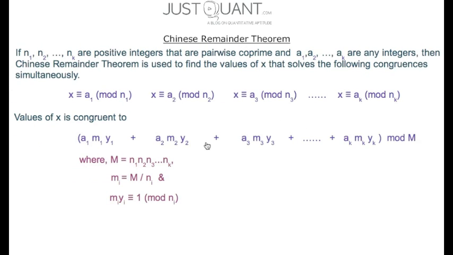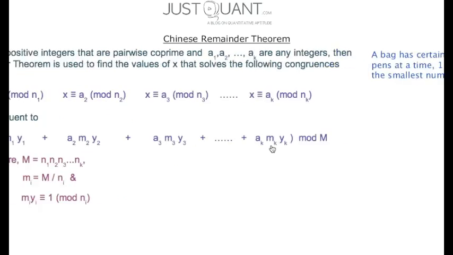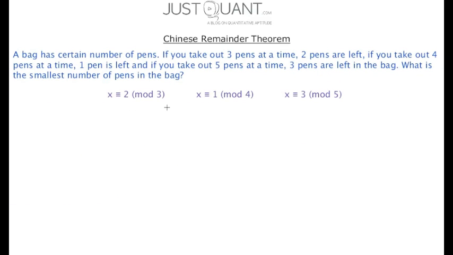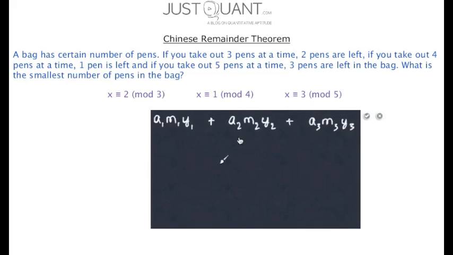Now, according to the Chinese remainder theorem, we must first calculate the sum of a1 m1 y1, a2 m2 y2, a3 m3 y3. Here a1 is 2, and hence 2 times m1, which is obtained by dividing the product of 3, 4 and 5 by 3. Or in other words, we get m1 by multiplying 4 and 5.